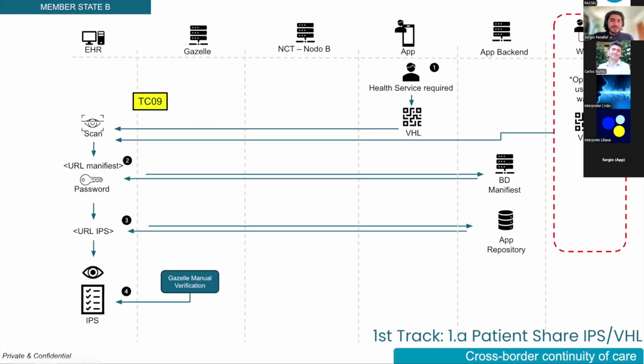This VHL, as we all know, can be shared with other healthcare providers, and let's say that we are now in another country, member state B, country B, and this country's health information system can scan this VHL code. Obviously, it can decode it, it can verify the signature, and it can use the passcode, and it can get to the IPS that the patient shared.